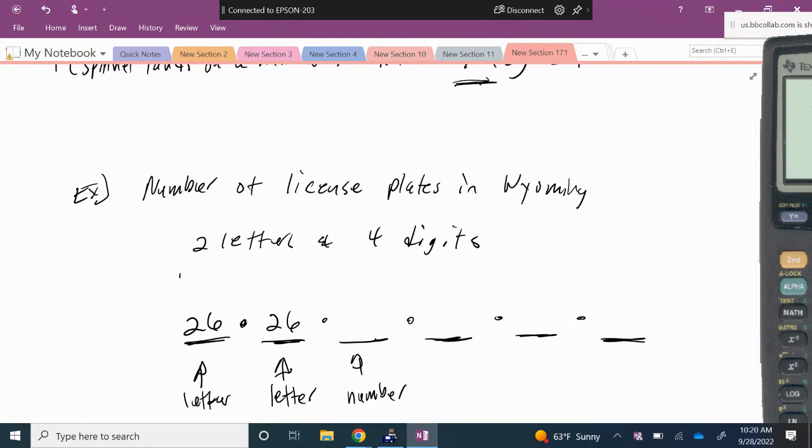We got 0 through 9, which is a total of how many numbers? We got 0, 1, 2, 3, 4, 5, 6, 7, 8, 9. So that's 10 numbers to choose from. The fourth character is also a number. Right. The fifth and sixth characters are also numbers.